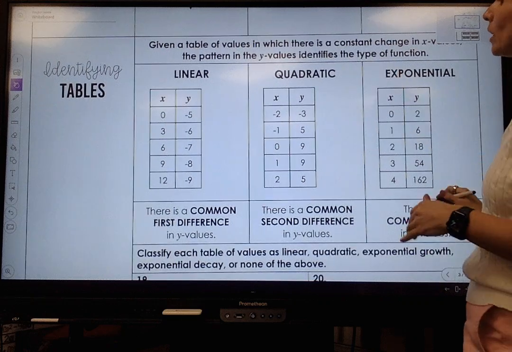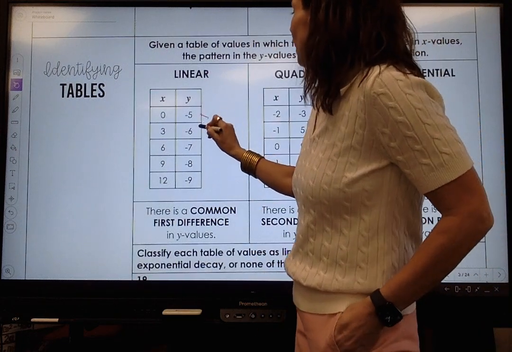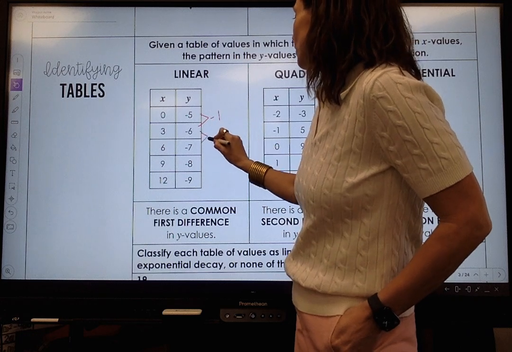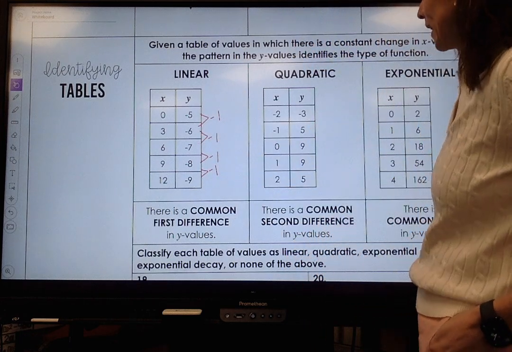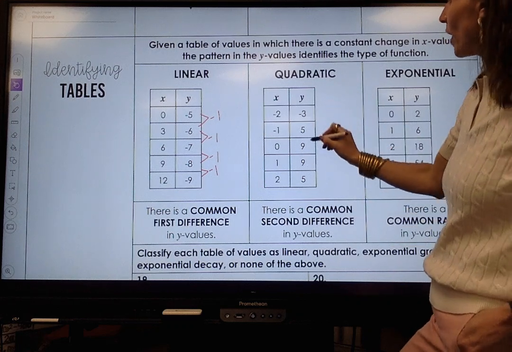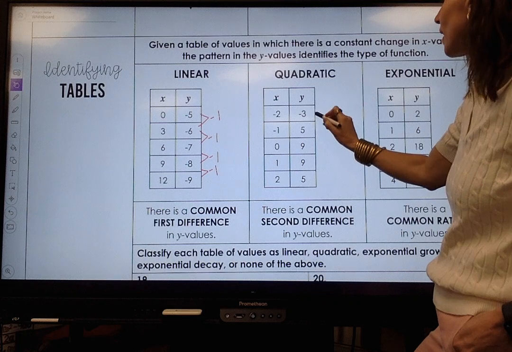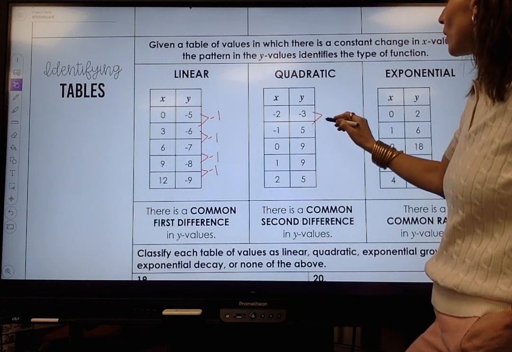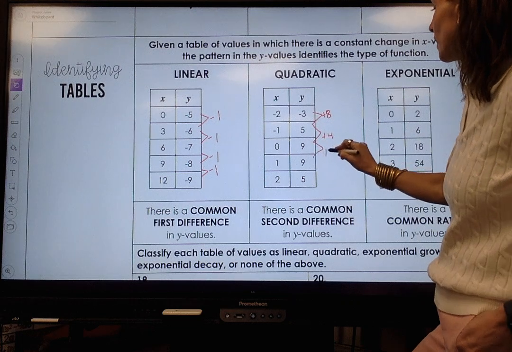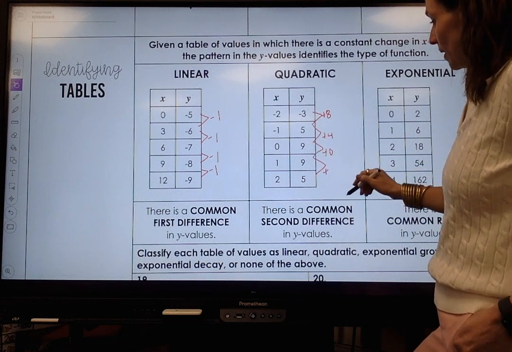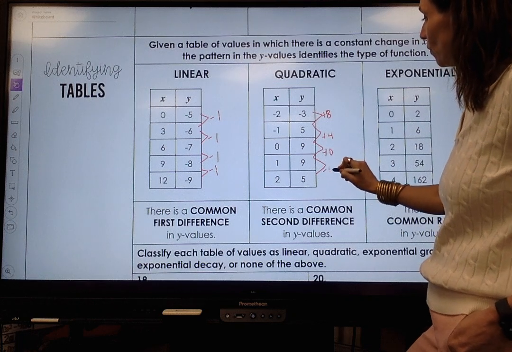All right, when you're looking from a table, remember, we're looking for the change in y. So here, I subtract 1, subtract 1, subtract 1, subtract 1. So, of course, it's linear. Over here, my change, I notice there's not a pattern if I multiply it or the constant's not the same. So if I go from negative 3 to 5, it's adding 8, it's adding 4, it's adding 0, it's subtracting 4.